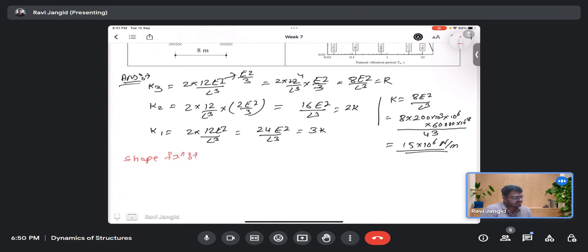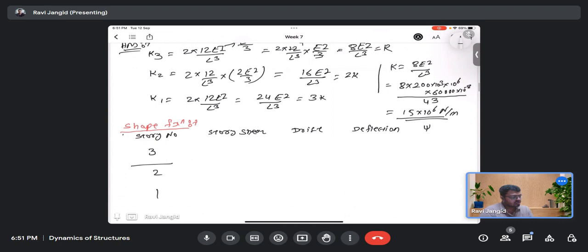For this, let me write the story number, story shear, story drift, then the deflection, then the shape function. So story number 3, 2, 1.